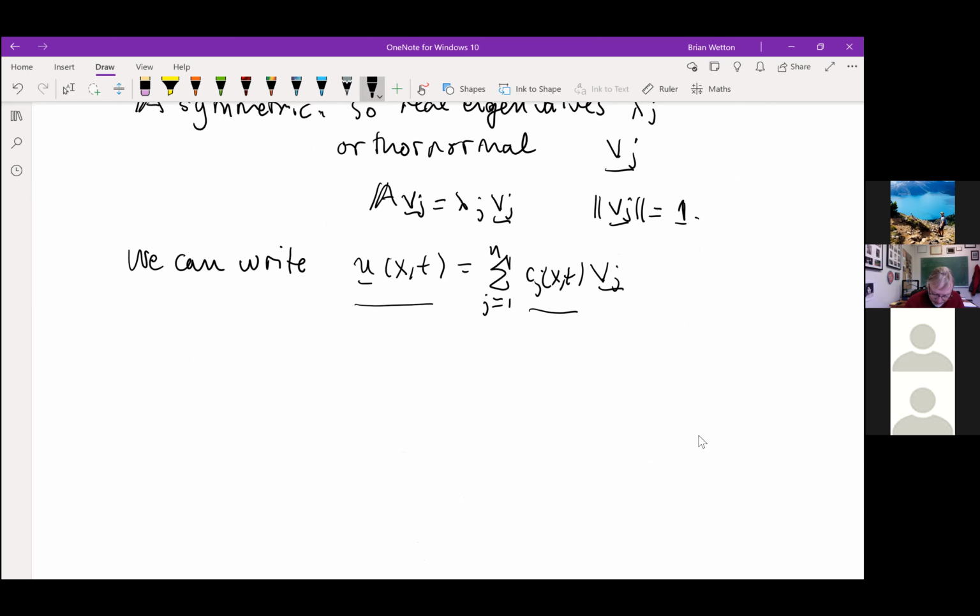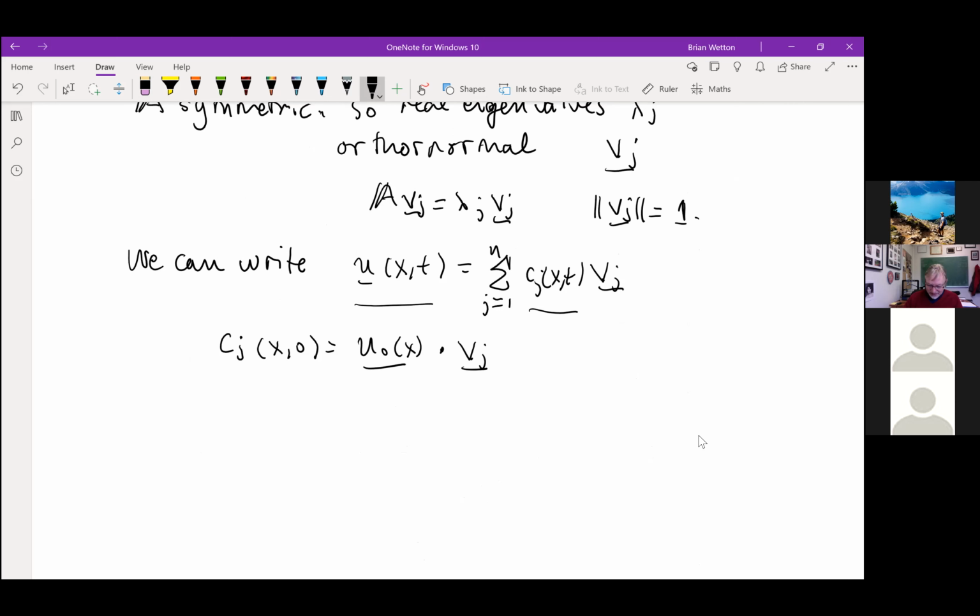And I can work out those coefficients at time 0. That's easy, right? I just take the initial data and I take the jth component. Because these vectors are orthogonal, it's easy to figure out the eigen coordinate.